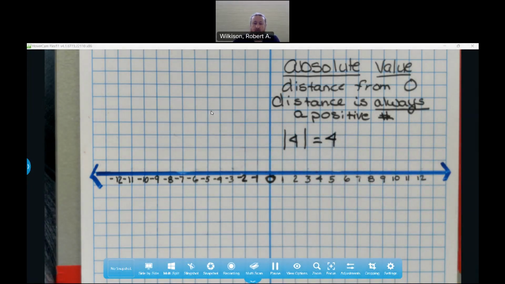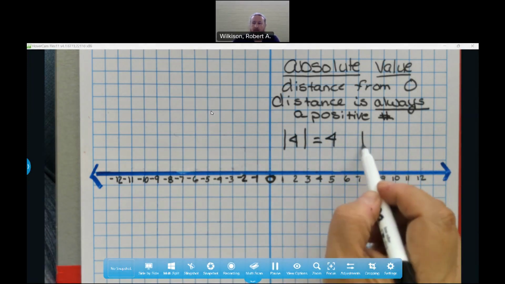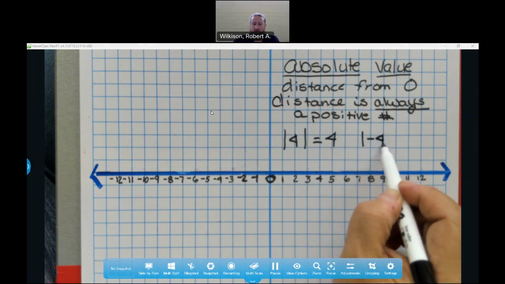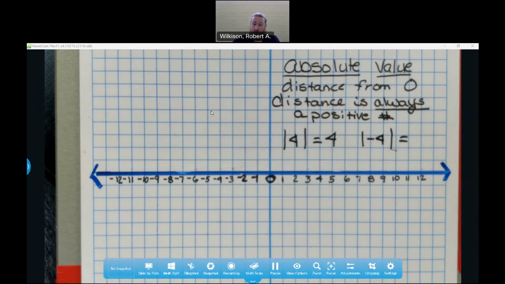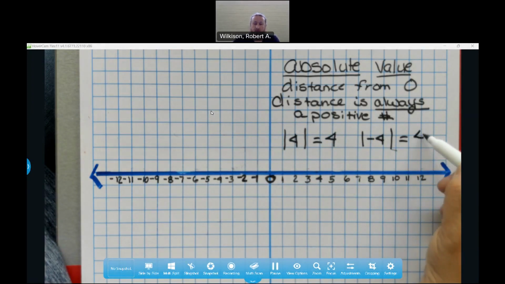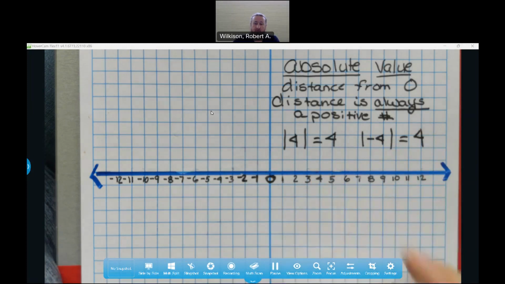The absolute value of 4, or the distance from 0, is 4 because you count 4 spots over from 0. The absolute value of -4 is also 4 because you count over 4 from 0. And that is how we represent absolute value.